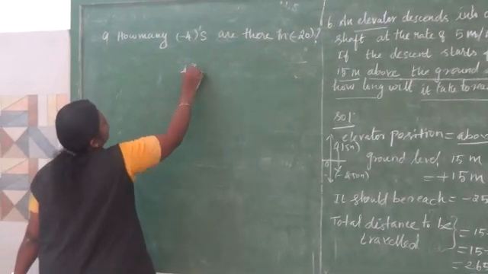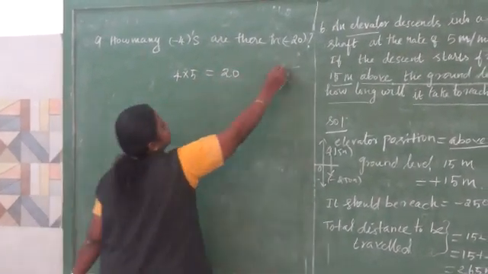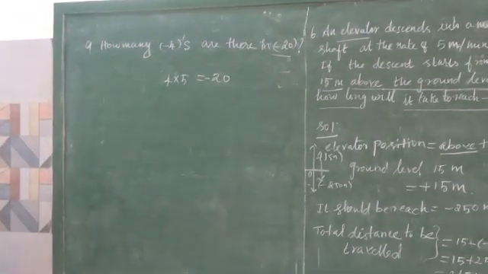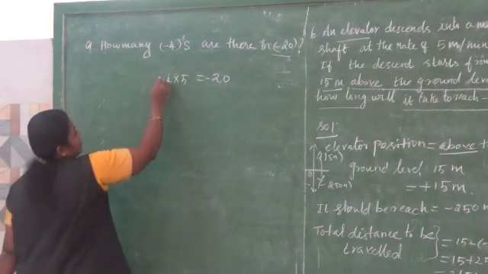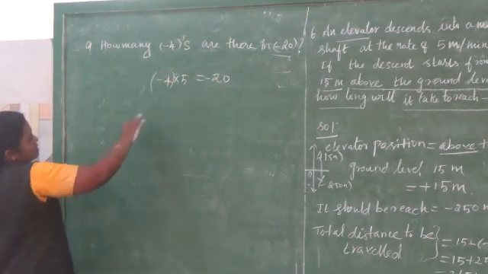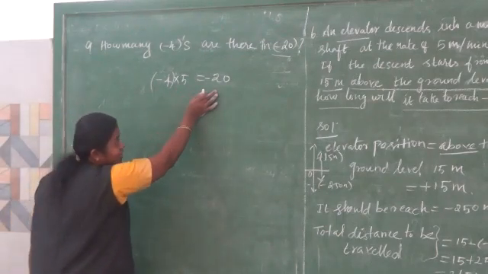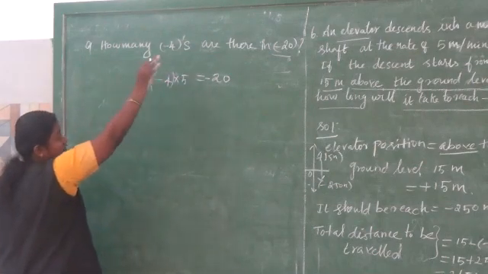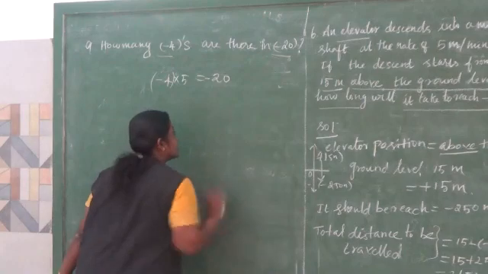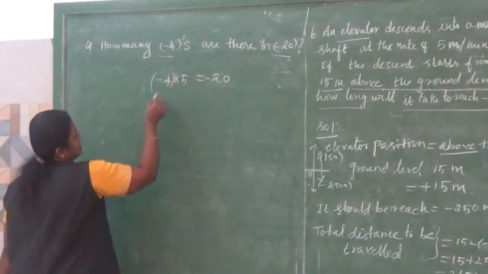You know, 4 5s are 20. But in the question a negative integer is given, so here we need one more negative integer. You know, if one is a negative integer and one is a positive integer and you multiply, you will get a negative integer. But in the question itself minus 4 is given and the answer is also minus 20, so definitely the other integer will have the positive sign.